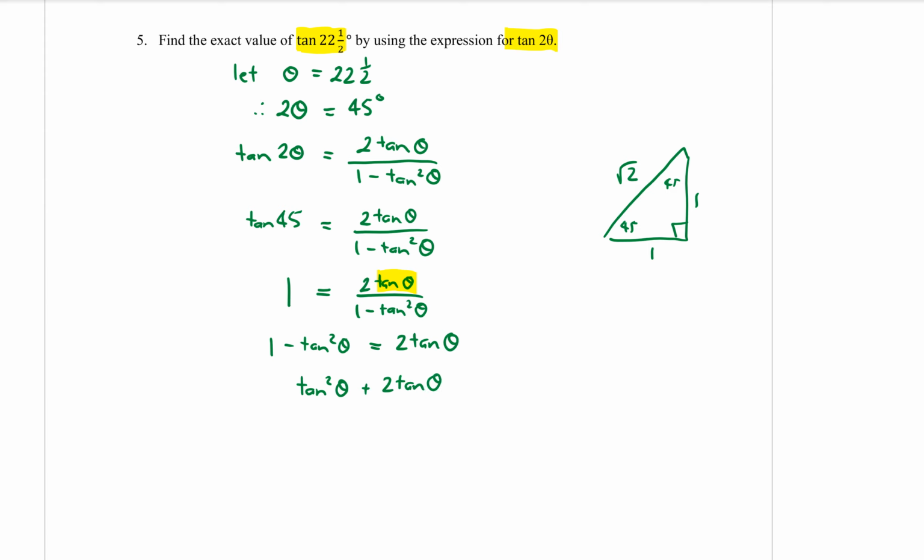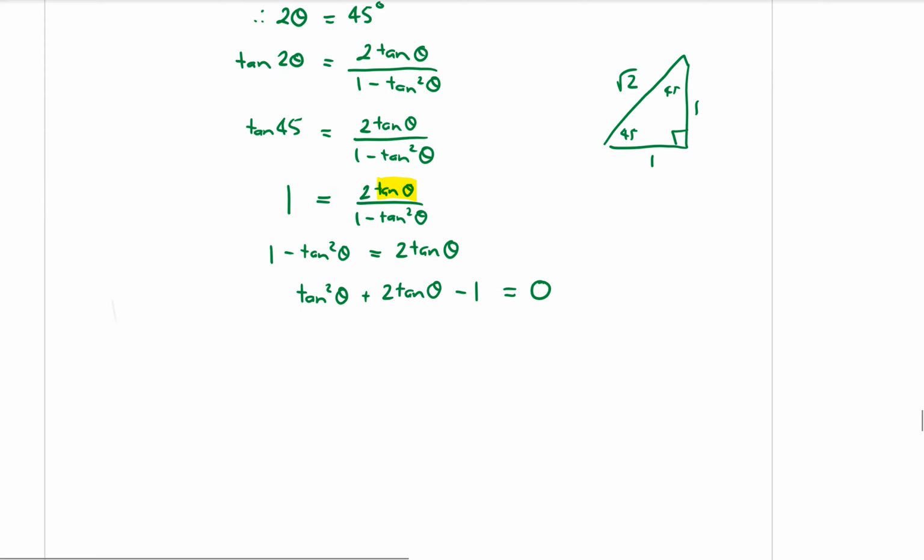And I want to move the 1 across as well, so that would become a negative 1. And when everything's on the same side, that's going to be equal to 0. So there is my quadratic. Think of that as being an x squared plus 2x minus 1. I can solve that to find the tan theta using the quadratic formula.